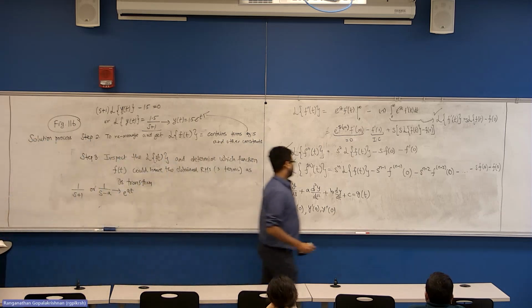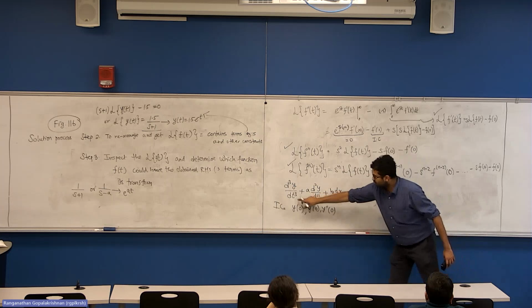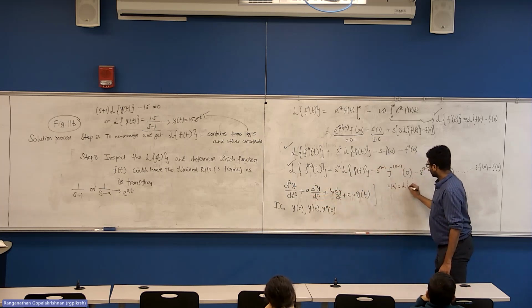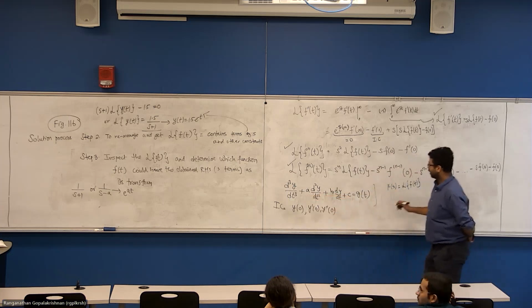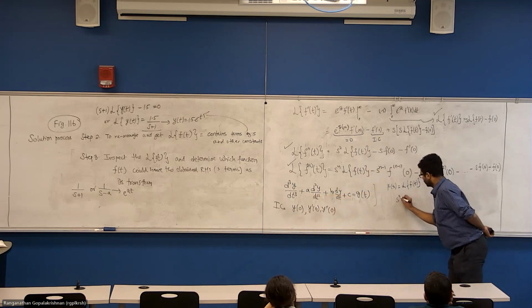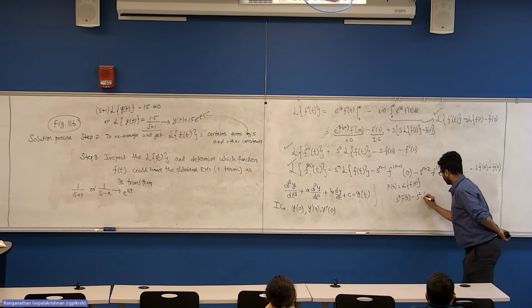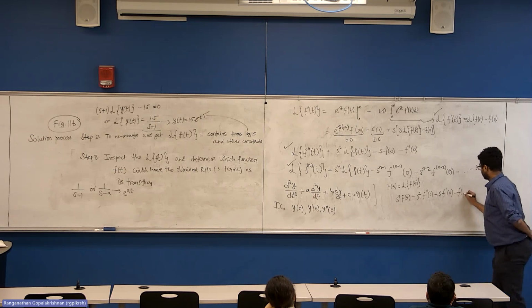So you would use this relation. If I give the symbol F of s equal to Laplace transform of f of t, so that I can make it shorter. First term: s cube F of s minus s squared f of 0 minus s f dash of 0 minus f double dash of 0.